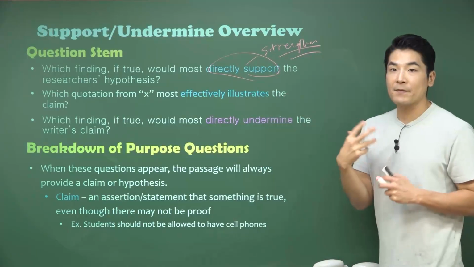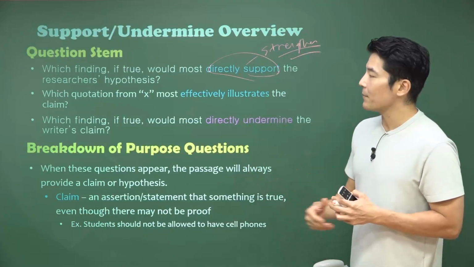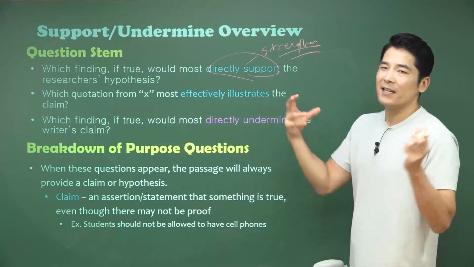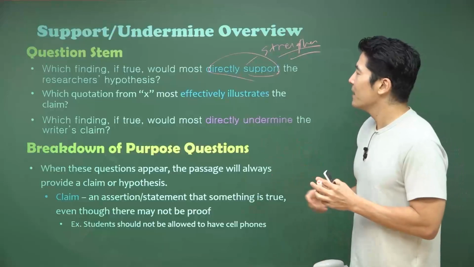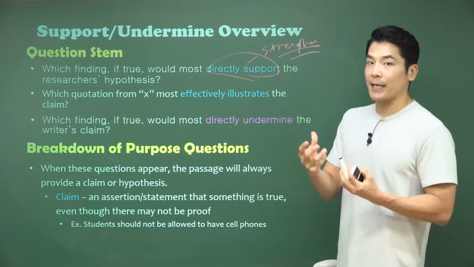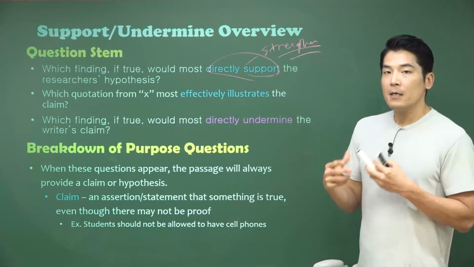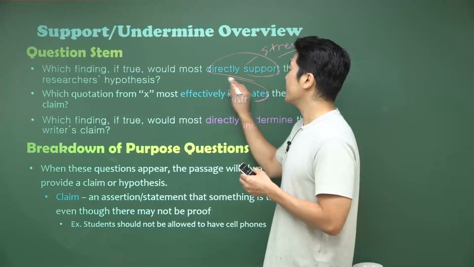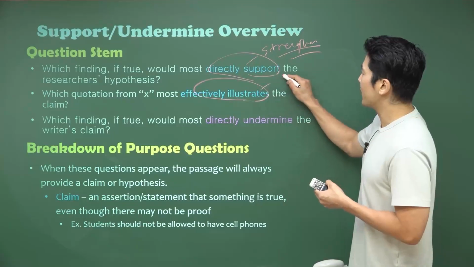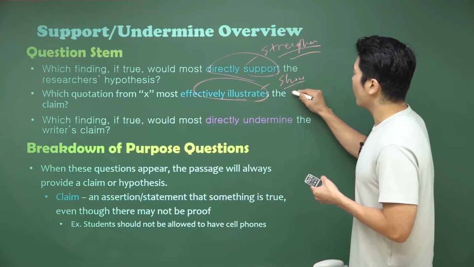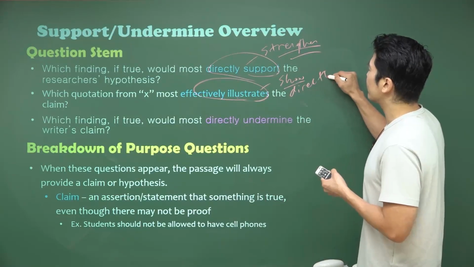The other type of question that you might get would say something like, which quotation from this book or this poem or whatever most effectively illustrates the claim. So circle the phrase illustrates. Illustrates would mean to show, or I can also put directly relates.